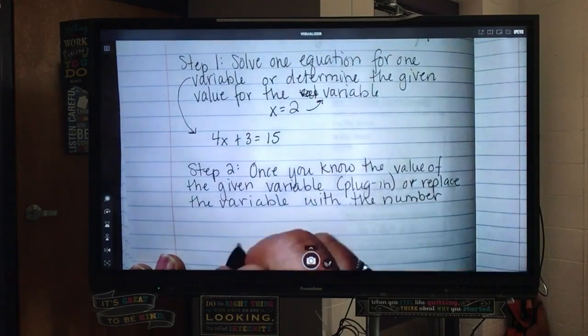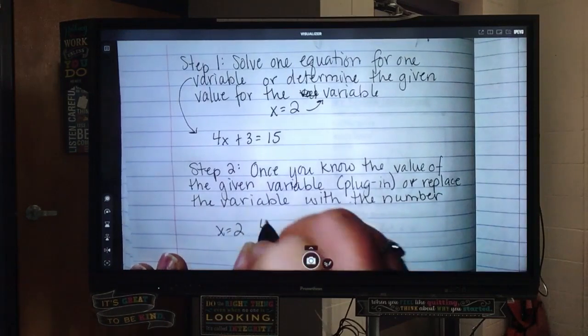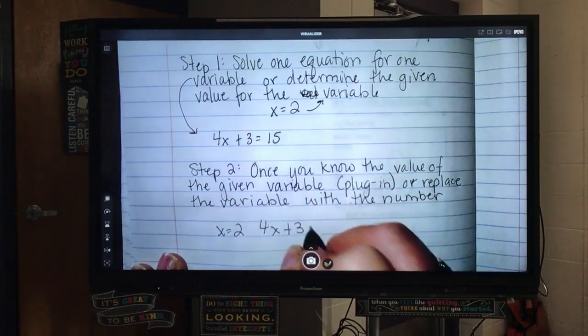And again, what that means is if x equals 2, and we have 4x plus 3 equals 15.